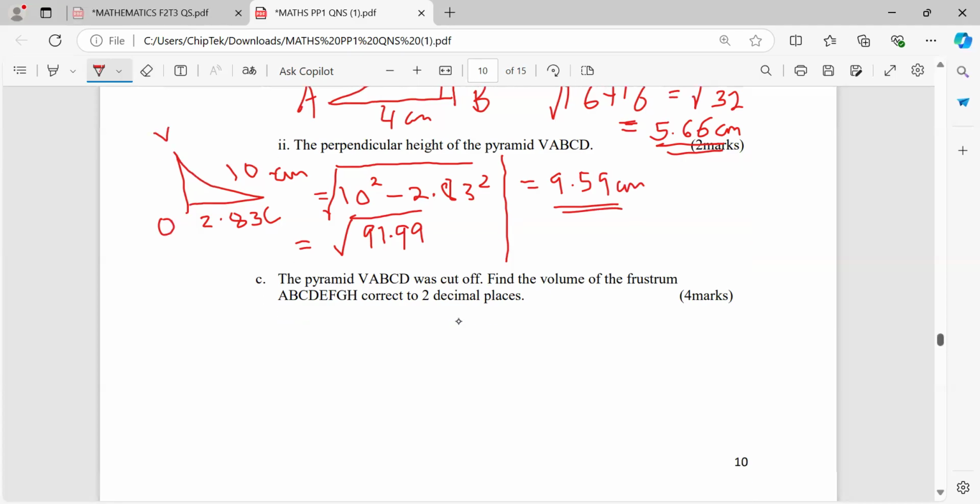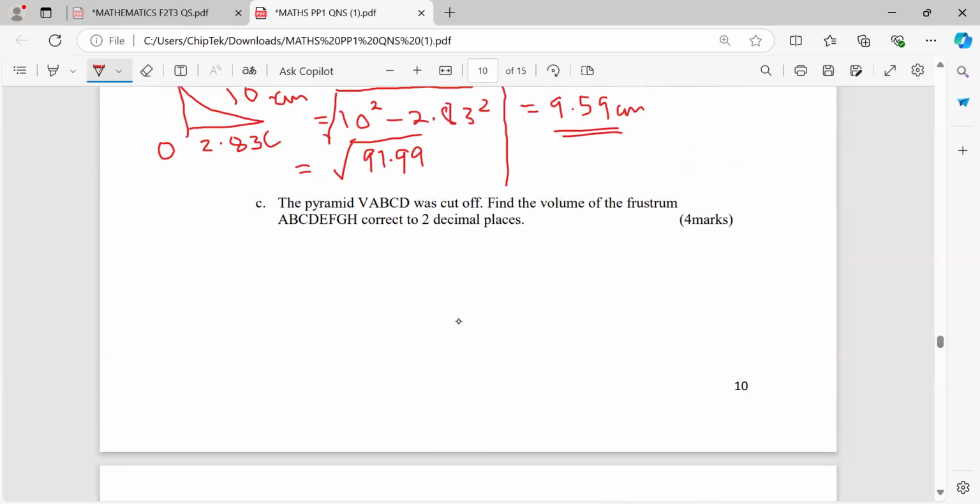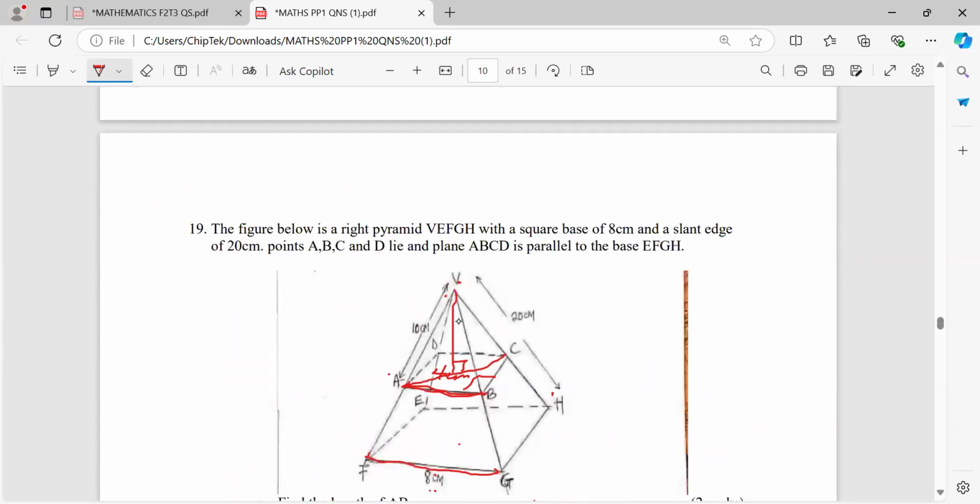So swali lingine umeulizwa the pyramid VABCD was cut off. So find the volume of the frustum ABCDEFGH. It's the same question, correct to 2 decimal places. Sasa umeulizwa tutafute frustum ya hiyo chini. So ABCDEFGH ni frustum.